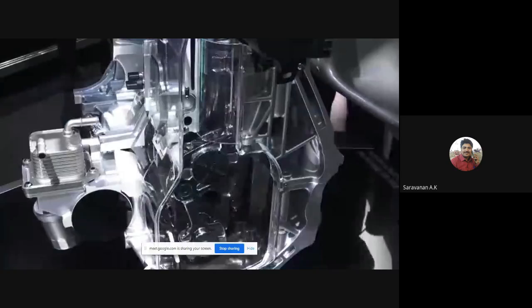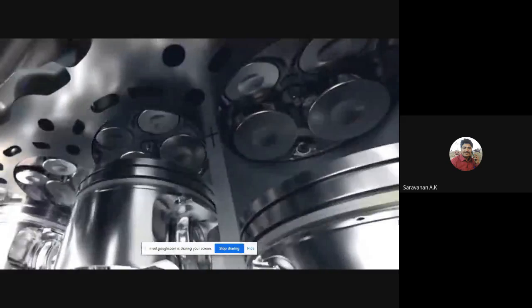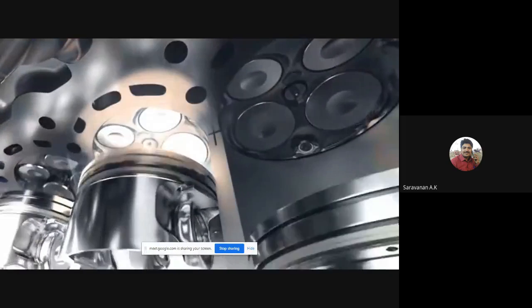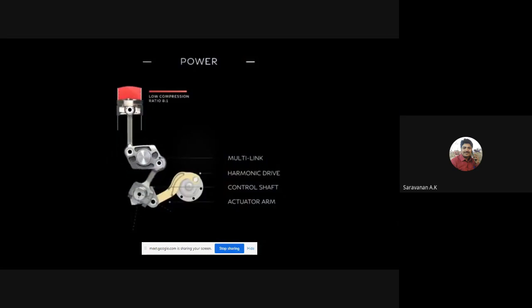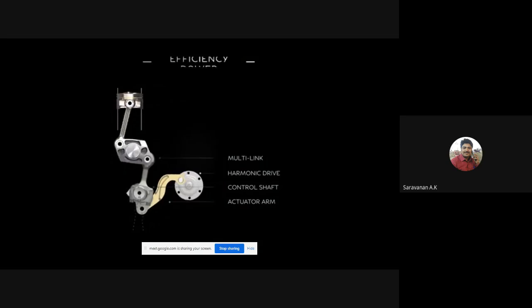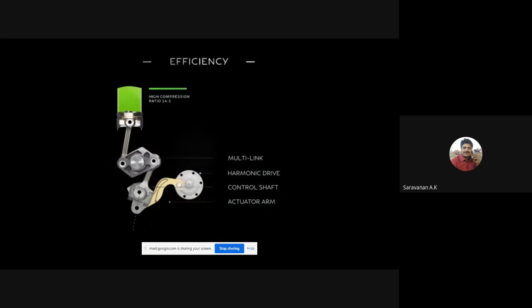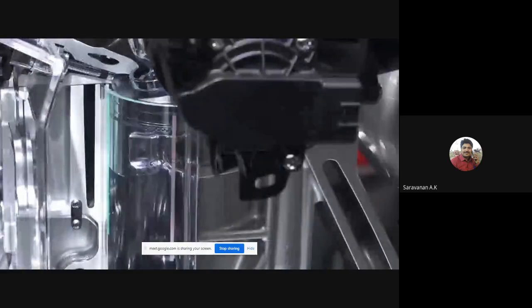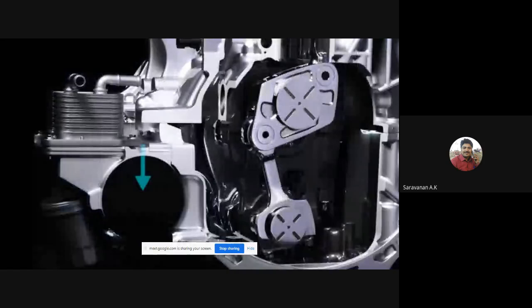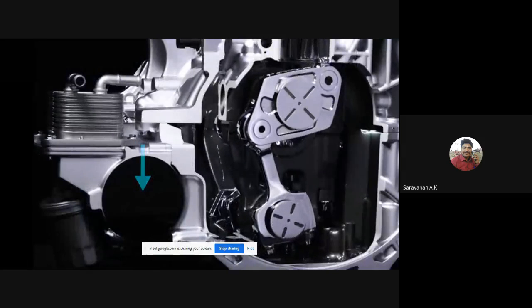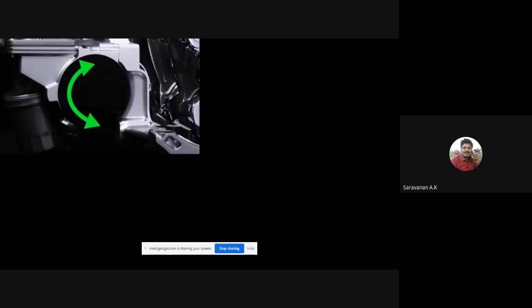So how exactly does it work? Well, the engine operates on the same basic four strokes as any other engine: intake, compression, power, and exhaust. That said, it can completely alter the compression ratio to target increased horsepower or increased fuel economy. There are four basic steps for changing the compression ratio in this engine. First, a harmonic drive, essentially an electric motor, rotates an actuator arm.